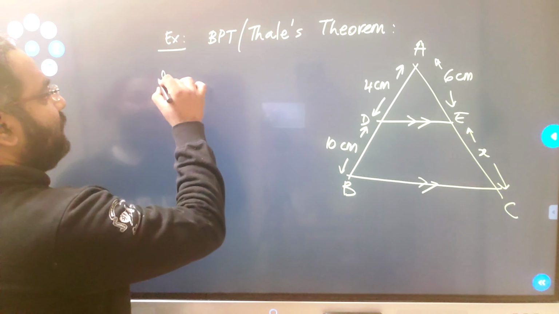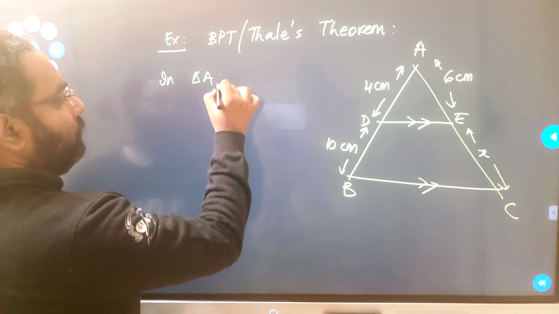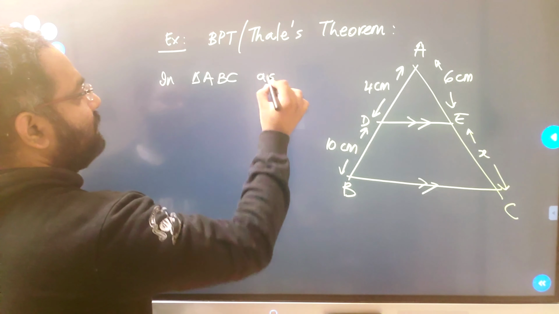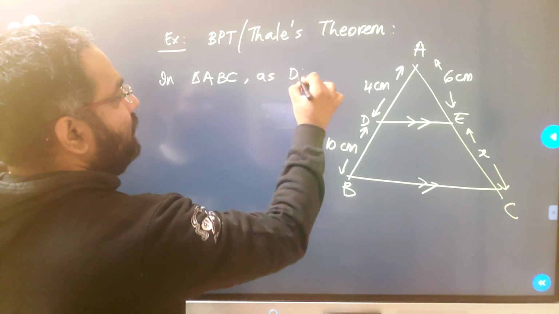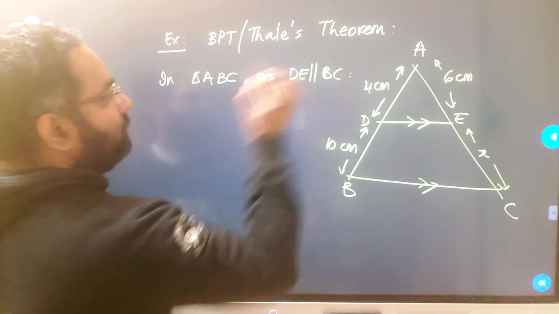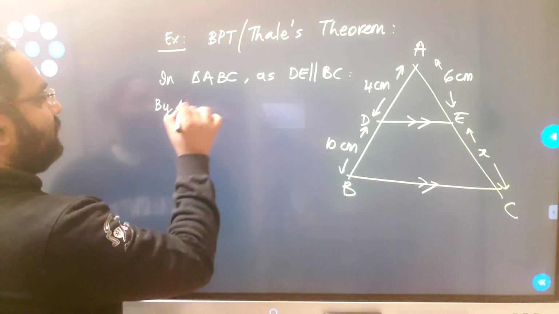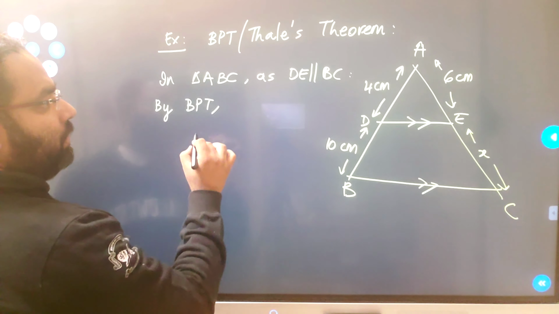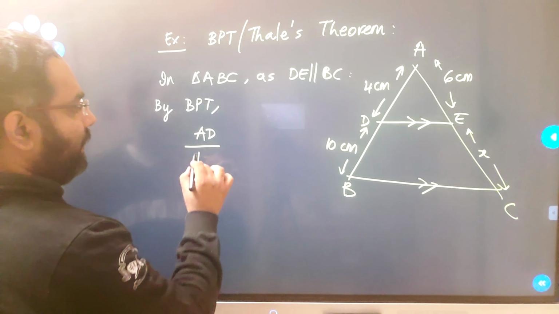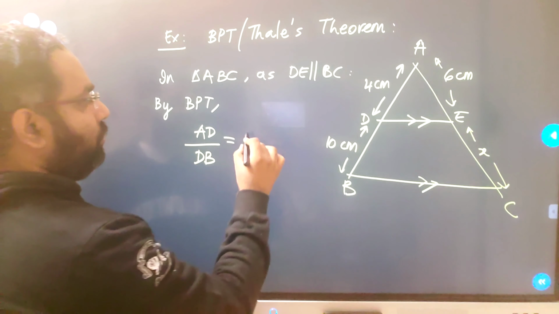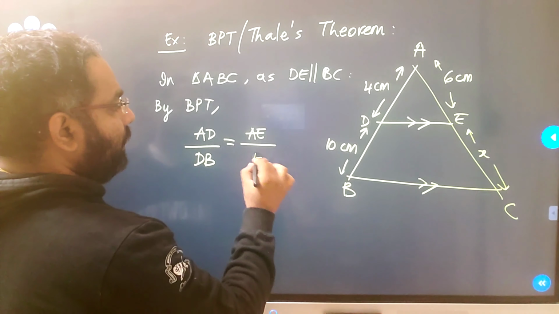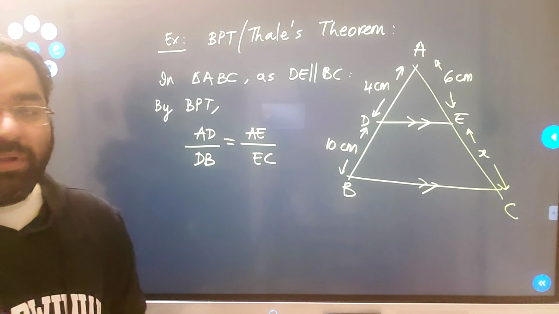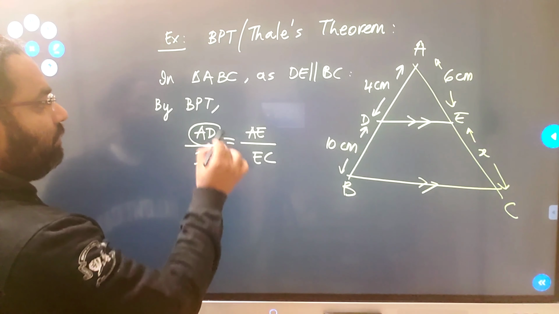These are the steps you will have to follow. As DE is parallel to BC, by the basic proportionality theorem, AD divided by DB becomes equal to AE divided by EC. Now let's substitute the values that are given.